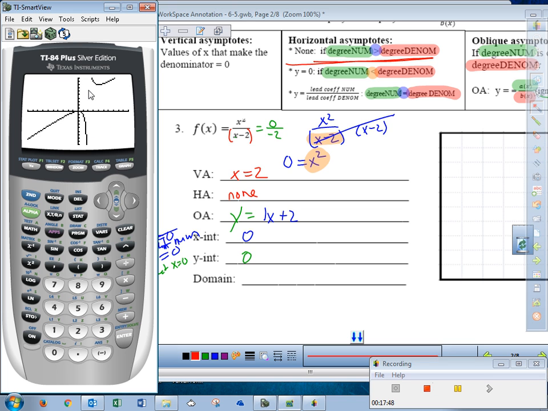Would you agree that something weird is going on right here at x equals 2? Cool. And you see something new is happening to us. It's got an oblique asymptote right here, like this line, y equals x plus 2, like the graph is getting closer and closer and closer but never touching it. Cool? So the first question I have for you is, do we see enough with the standard window?